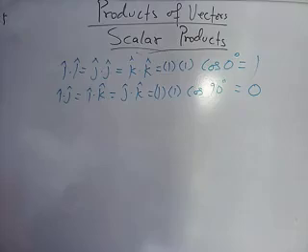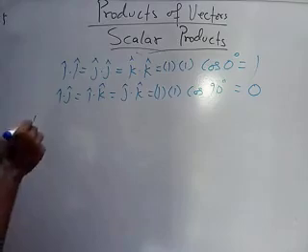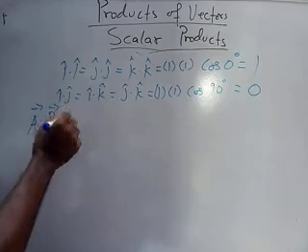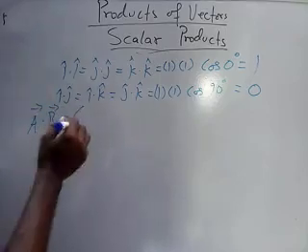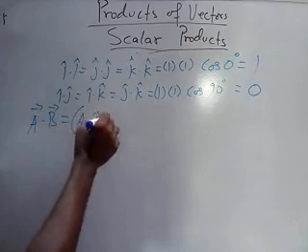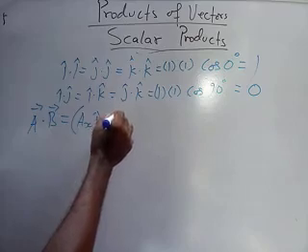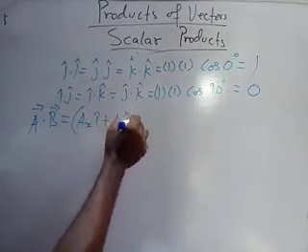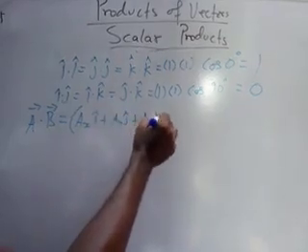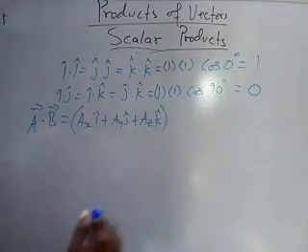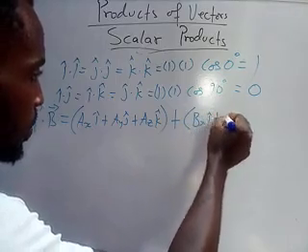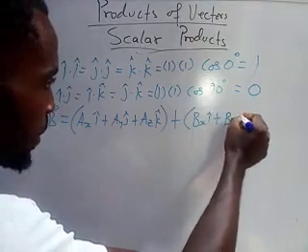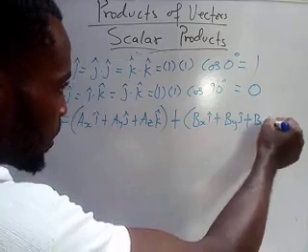It means that vector A dot vector B, I am taking my time to move slowly so that we all will be on the same page, is the same as AXi plus AYj plus AZk, plus BXi plus BYj plus BZk.